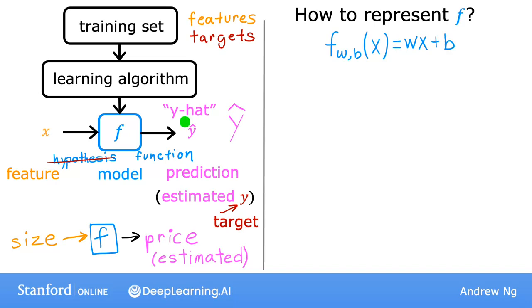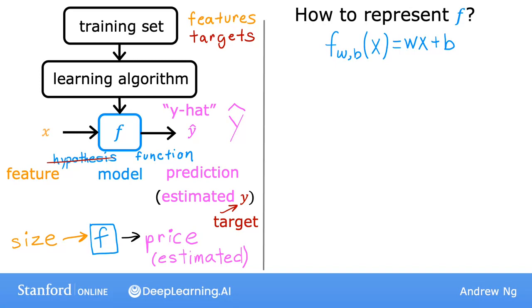I'll define w and b soon, but for now, just know that w and b are numbers, and the values chosen for w and b will determine the prediction y-hat based on the input feature x. So this f_w,b(x) means f is a function that takes x as input, and depending on the values of w and b, f will output some value of a prediction y-hat.